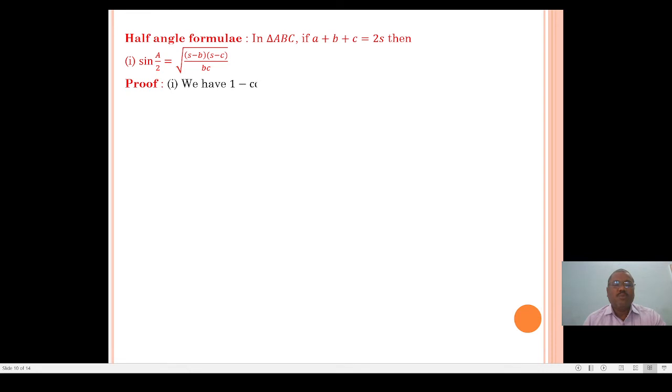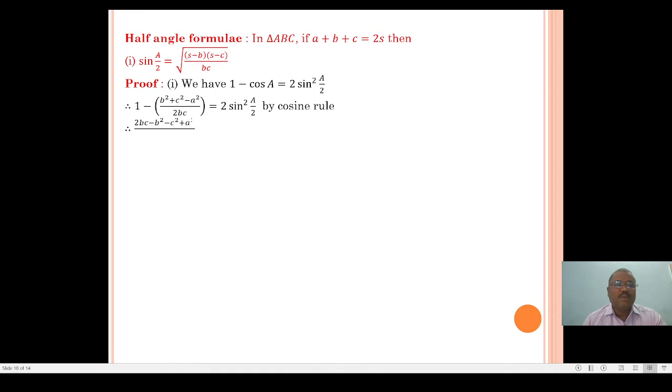So proof, we have 1 minus cos A equals 2 sin square A by 2. So 1 minus (b square plus c square minus a square) upon 2bc equals 2 sin square A by 2, by the cosine rule.